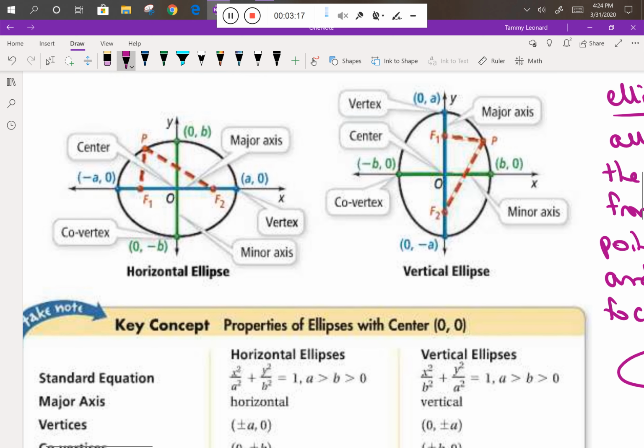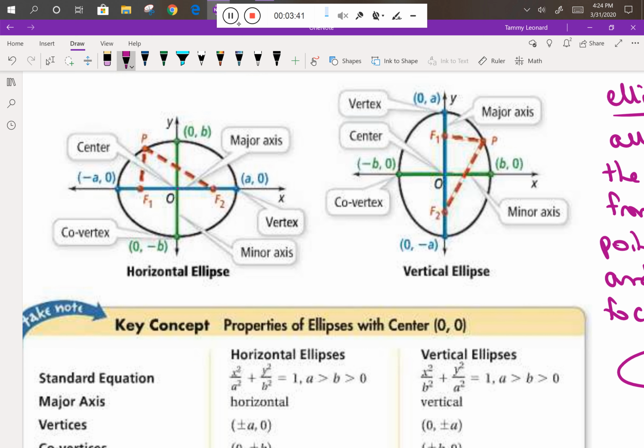Now you're going to notice some A's and some B's. A is going to be the distance from the center of the ellipse out to one of the vertices, whereas B is going to be the distance from the center of an ellipse out to one of the co-vertices, which means the end of the minor axis instead of the major axis.